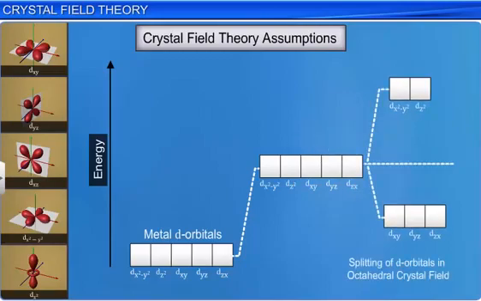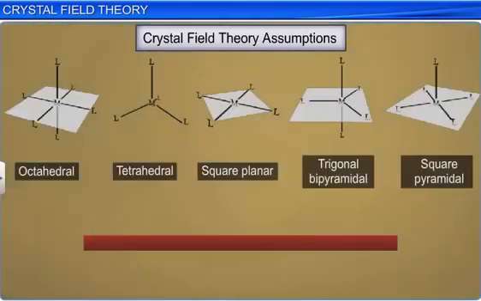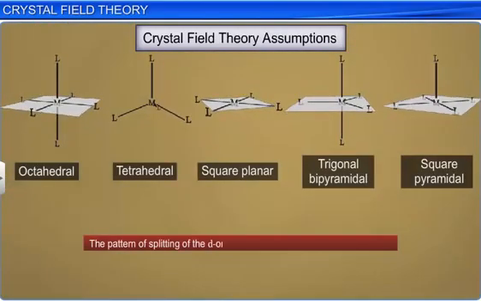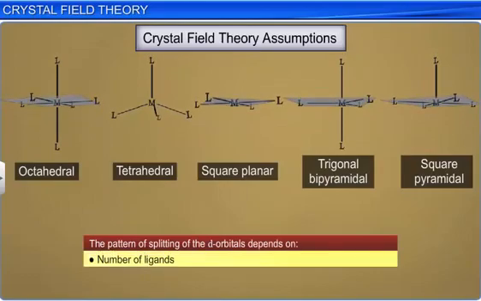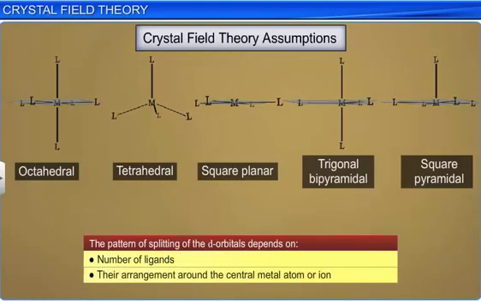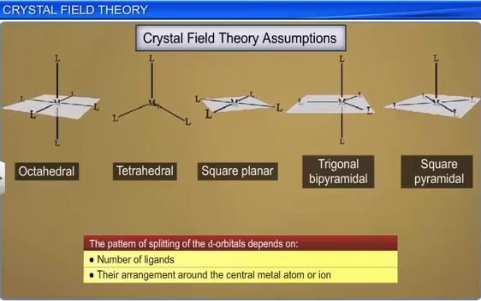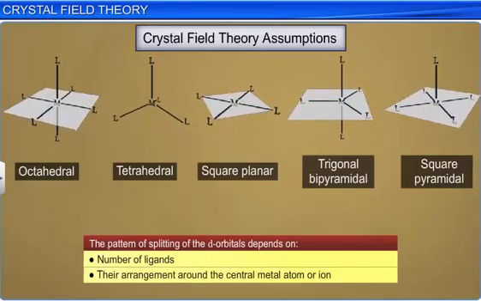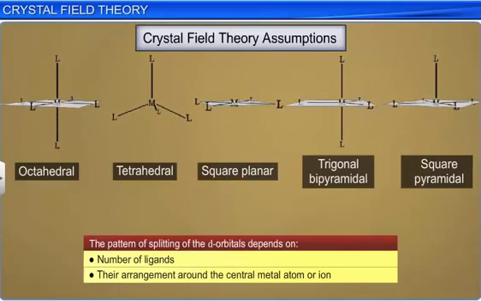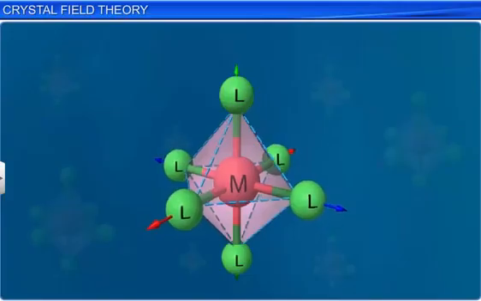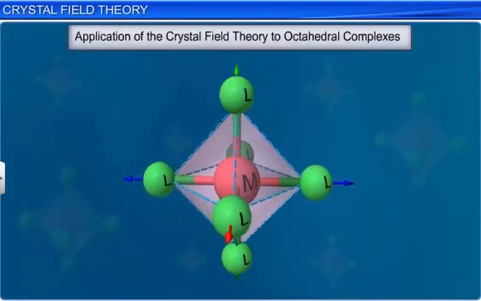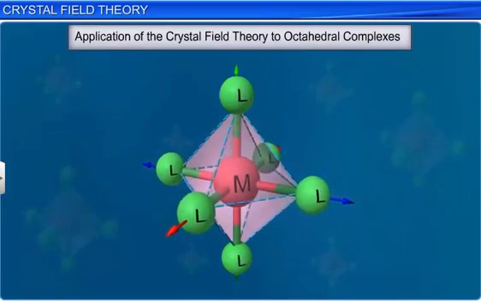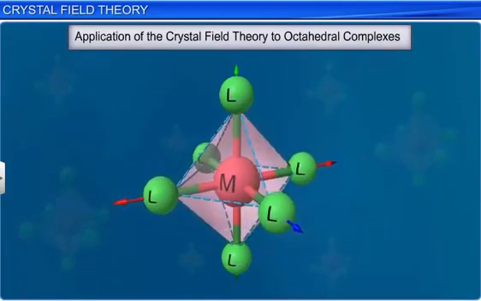The pattern of splitting of the d orbitals depends on the number of ligands and their arrangement around the central metal atom or ion. Let's look at the application of the crystal field theory to octahedral complexes.